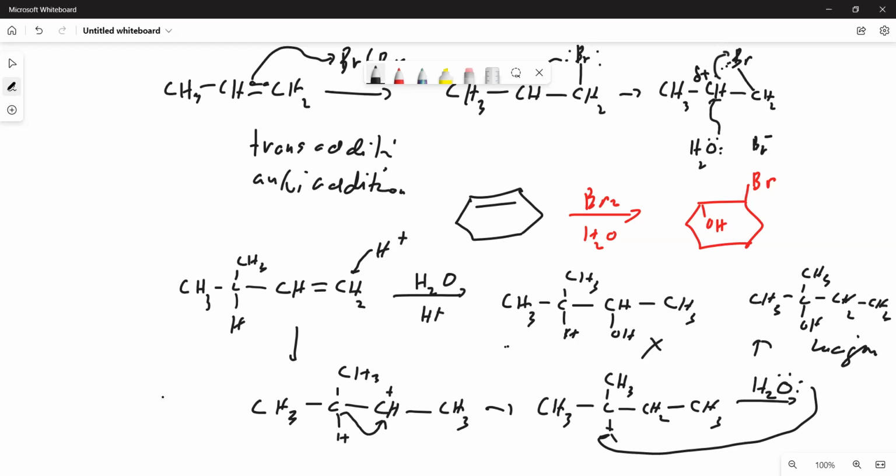And this kind of rearrangement is what you call hydride shift. Okay. If this is methyl, if the hydrogen is methyl, that can also transfer. So you call that methide shift. Okay. So this can happen if the carbonium ion is open, no?